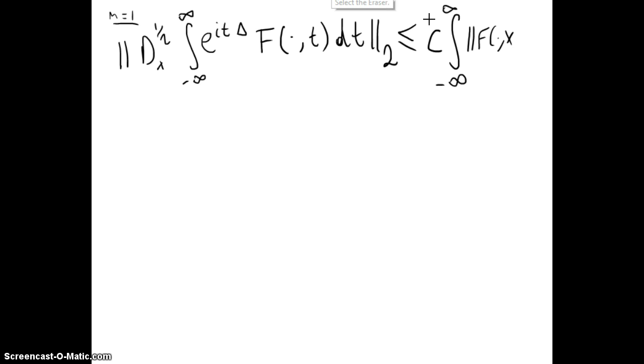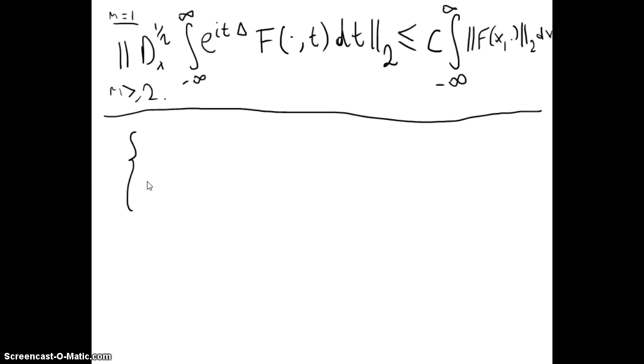I'm sorry, the variable has to be x, and this is L2 in dx. And you can have the corresponding inequality for n greater than or equal to 2.